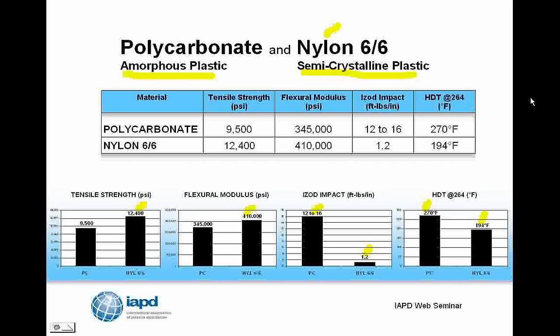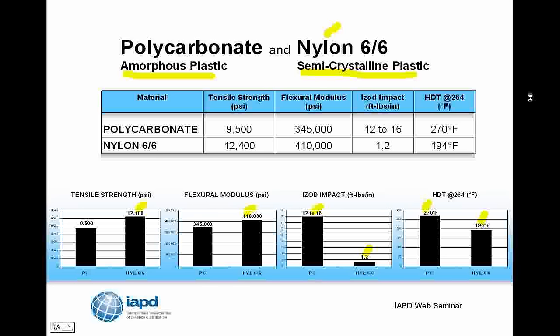The second way I have to answer the question is, what are the important properties for the application? Do I need very high strength and stiffness in favor of the nylon, or do I need toughness and high temperature and maybe favor the polycarbonate? So you can see in this example, when you overlay those 2 ideas, the amorphous and semi-crystalline plastics and the properties, it's very helpful in the material selection process.